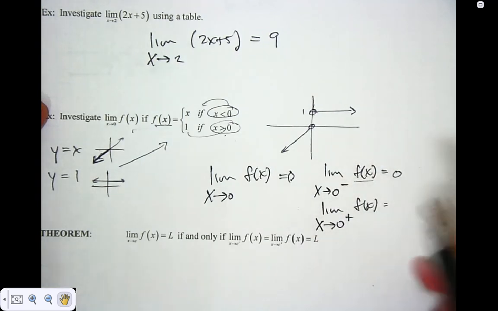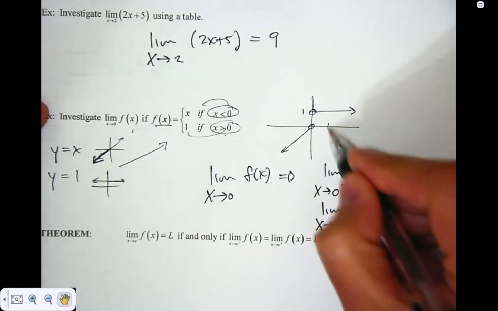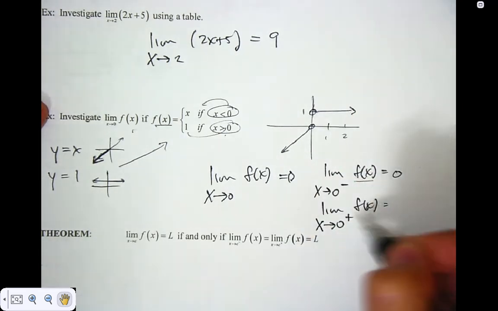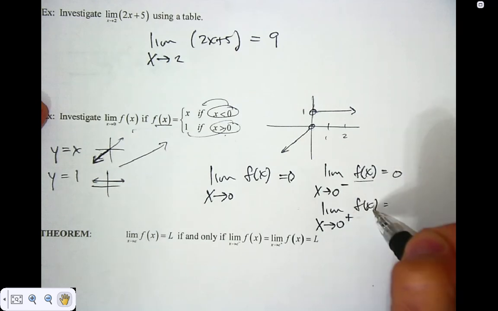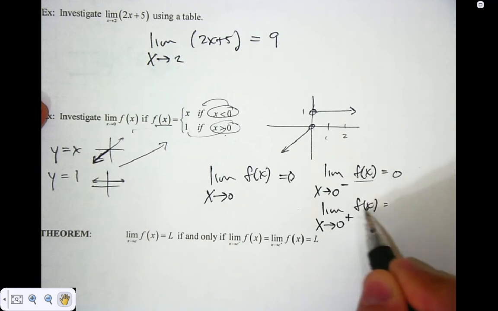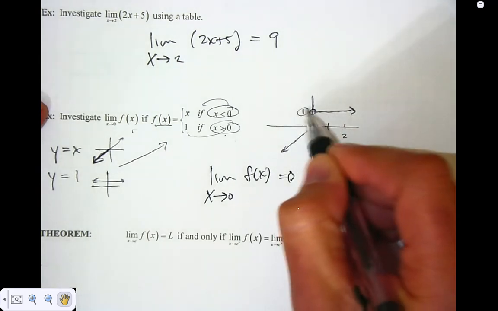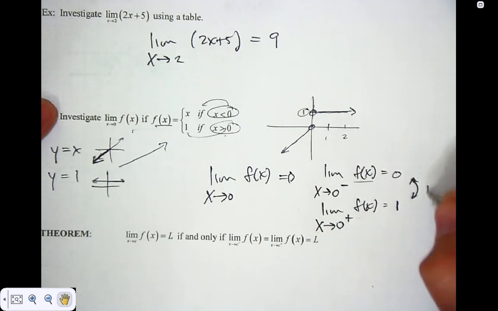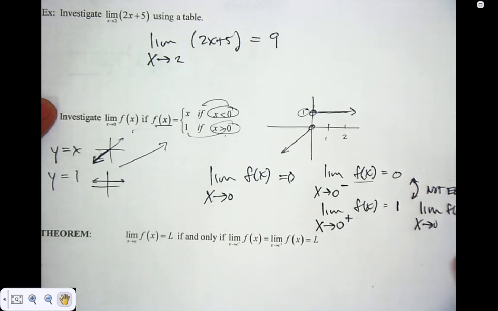Coming in from the right, I'm over here at 1 and 2, and I'm coming in towards 0. Where am I as far as a y value is concerned? As x gets close to 0, what's happening to the function? Well, the function is right up here at 1. Since these are not equal, the overall limit as you get close to 0 of this function does not exist.